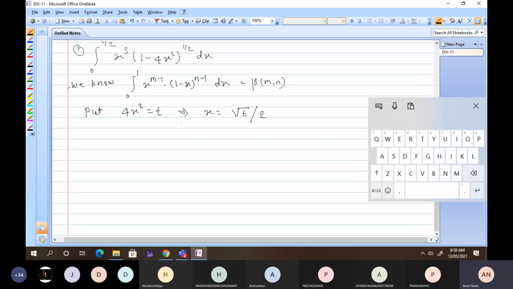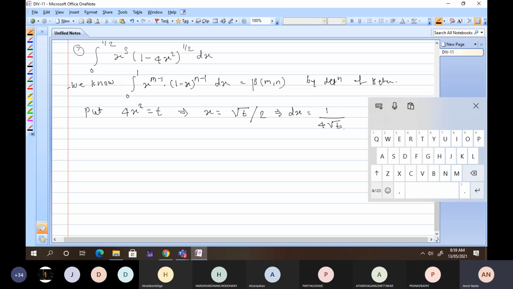You have to pay attention to the calculation by the definition of beta. So you can find the value of dx and x cube also. Firstly I find the value of dx. So tell me, what is the value of dx? The value of dx is 1 divided by 4 root t.